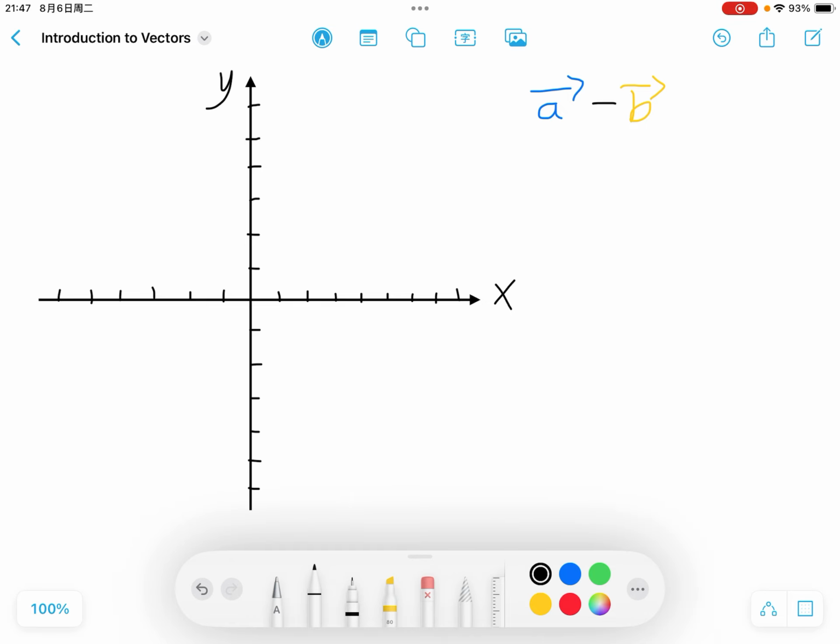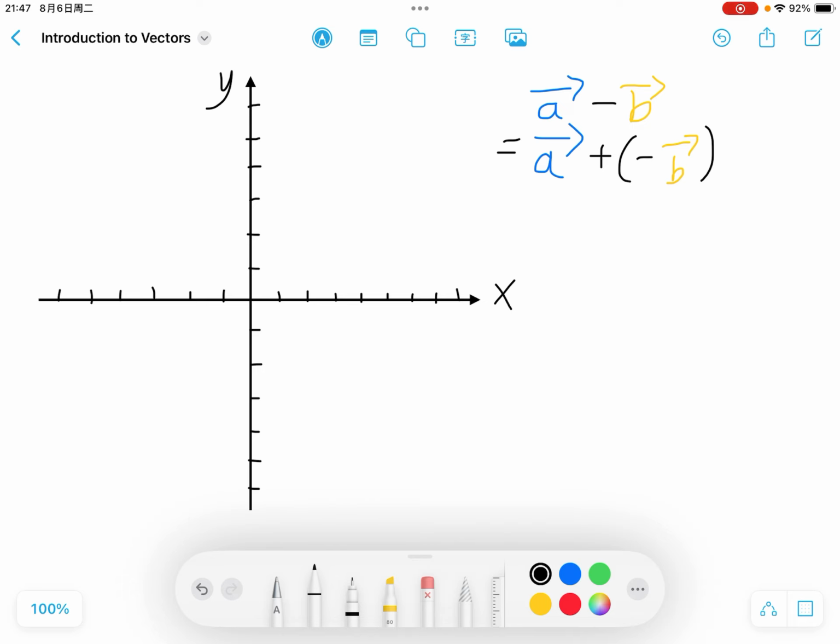Just like addition. So why is this the same as addition? We add two vectors, you get a new vector. Subtract two vectors from each other, you get a new vector. Because essentially this is just vector A plus negative vector B, right? You can just think of the expression above as this.